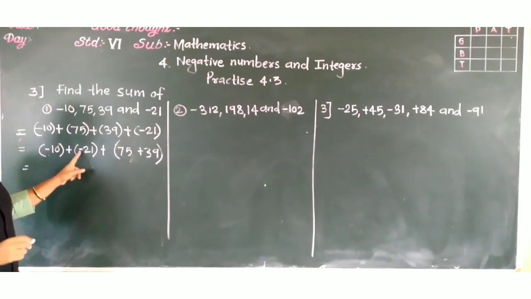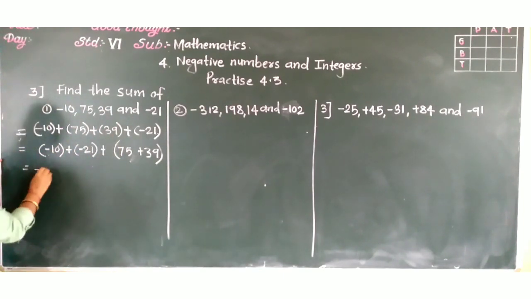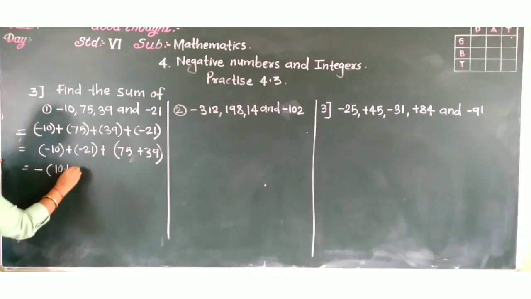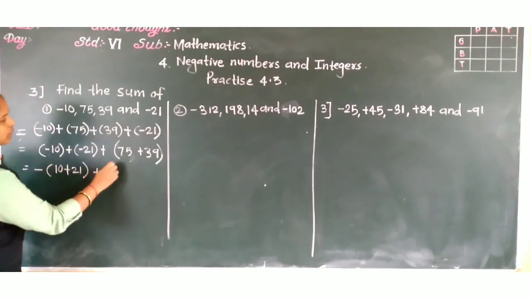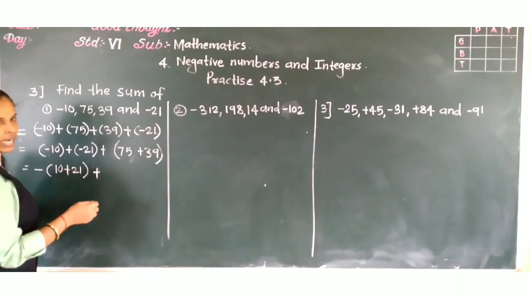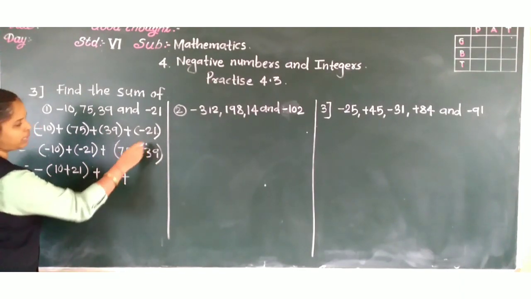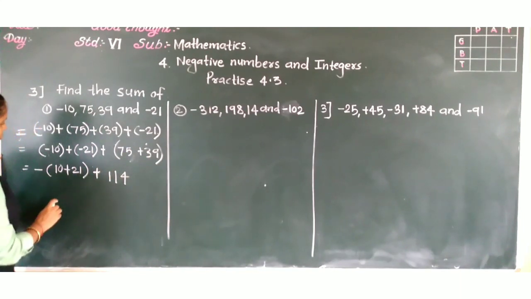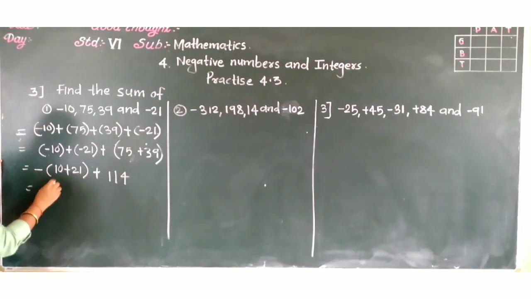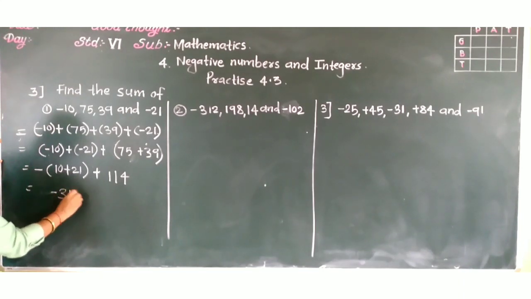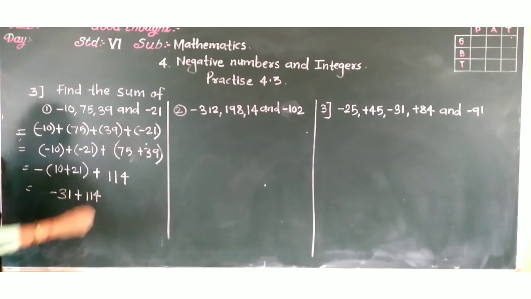Now this minus sign I will take common, and inside 10 plus 21, and the other addition we can do directly. 5 plus 9, 14, carry 1, 7 plus 3, 10, plus 1, 11. What answer will we get? 10 plus 21 is 31. That is minus 31 plus 114.